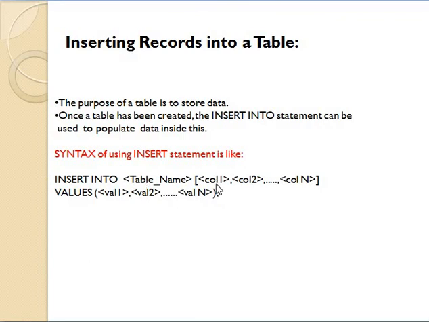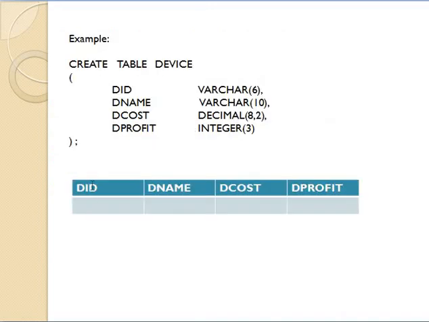So this optional part, that is col1, col2, col3, col4, represents the columns for this table device: did for col1, dname for col2, dcost for col3, and dprofit for col4.